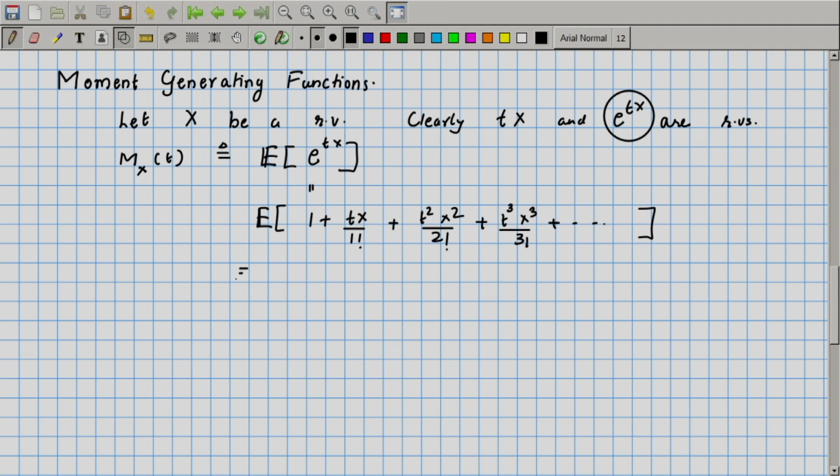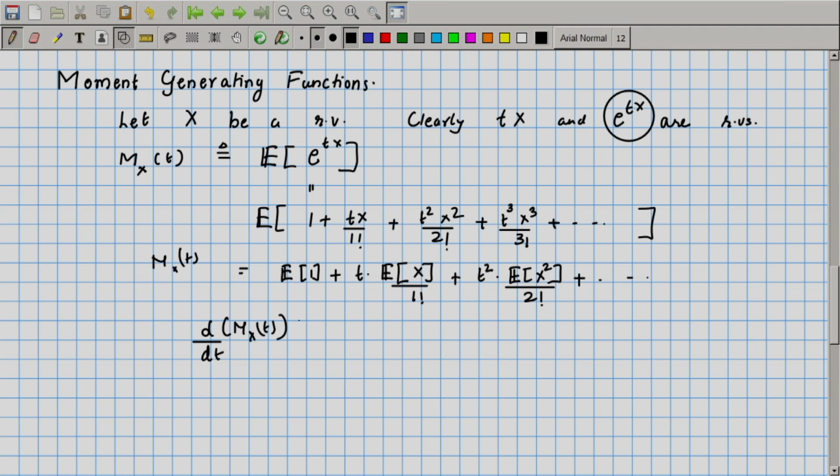And by linearity of expectation, we can write this as 1 plus t times, t is a constant, expectation of x by 1 factorial plus t square into expectation of x square by 2 factorial plus so on. So, this is your M_x(t). You can verify that if you differentiate M_x(t) with respect to t and evaluate this function at t equals 0, you will get expectation of x.